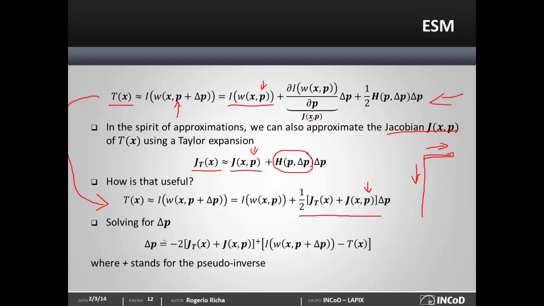Okay, and from this equation I can isolate delta p and solve for it, and this is the equation that I obtain. In this equation, the plus means the pseudo-inverse, and this is the ESM update law, which you see in all my example C++ code.